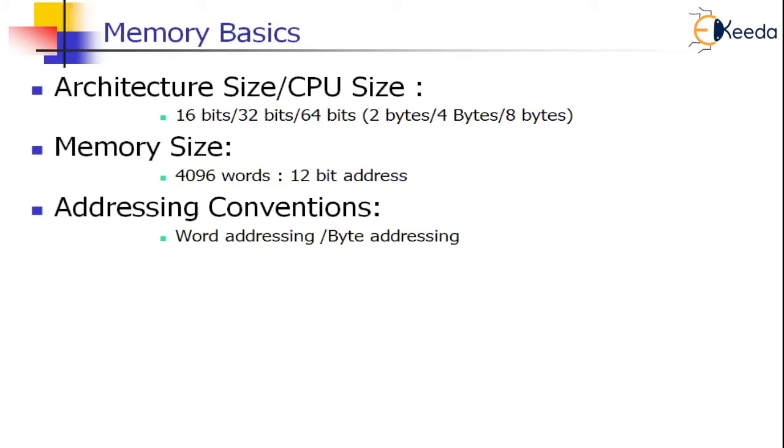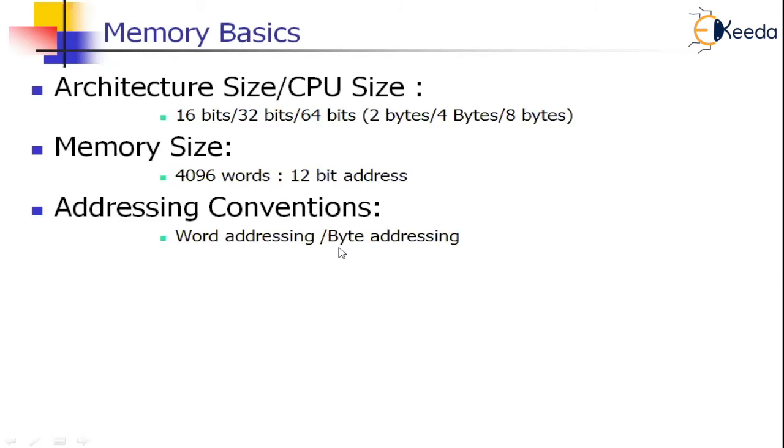Another thing we're going to understand when we design the memory is the addressing conventions. What do you mean by addressing convention? In what way are you going to address the memory? There are two addressing conventions. Stay focused. One is word addressing, and the other is byte addressing.